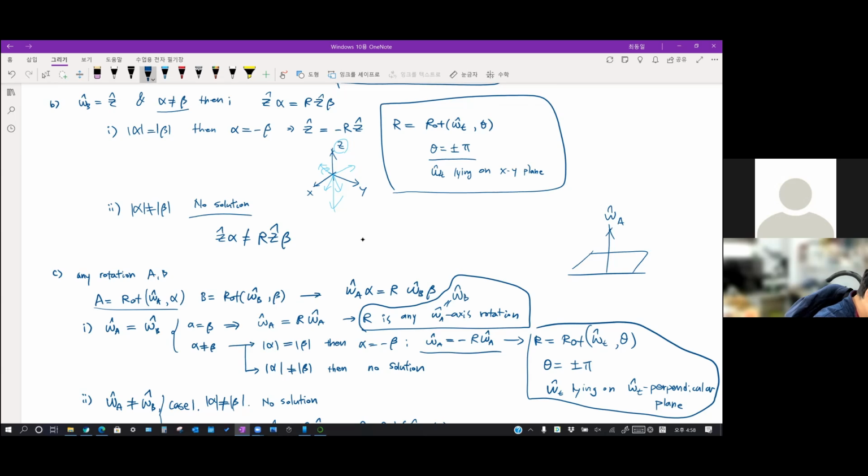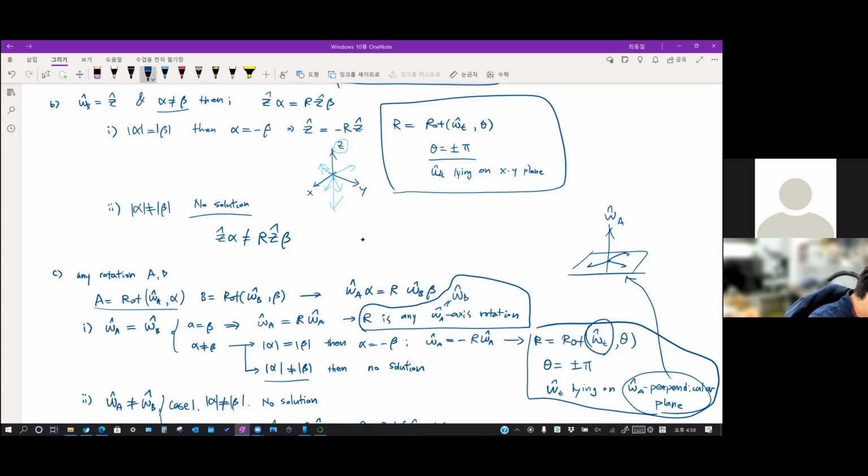This one is the omega a perpendicular plane. So in this plane, any rotation axis is omega t, and theta is plus or minus pi. So the resultant axis should be the minus value of omega a. So this case is this one.